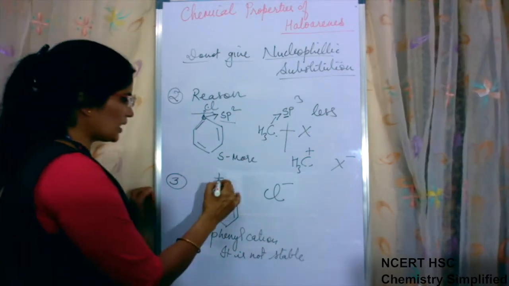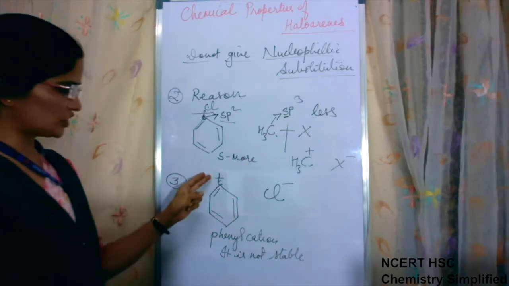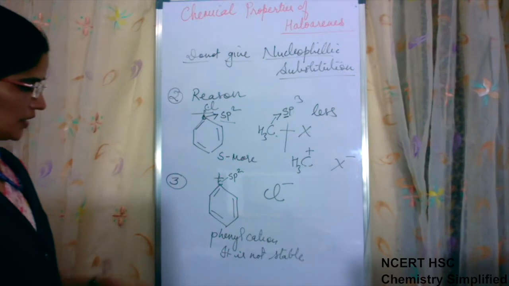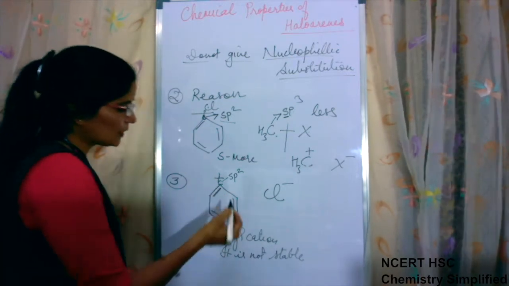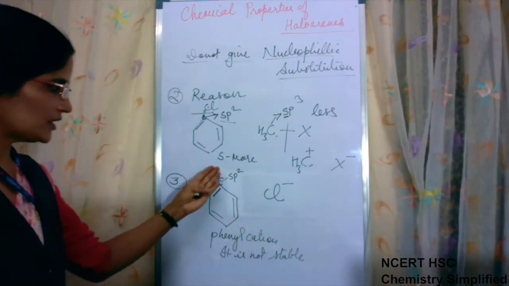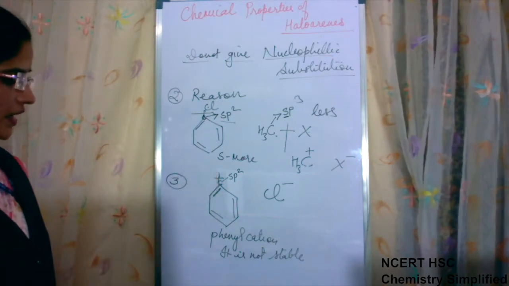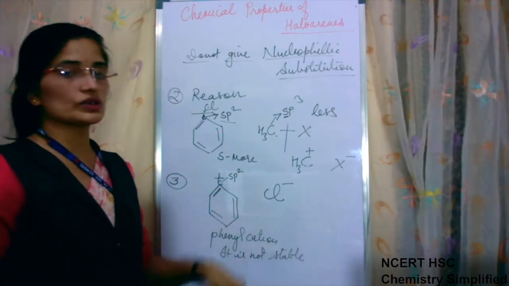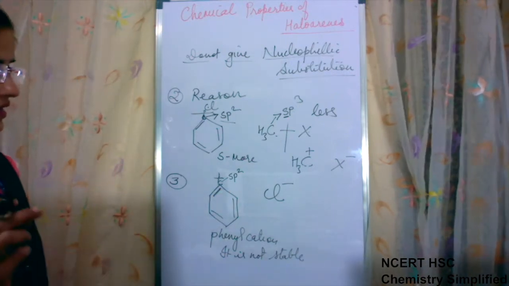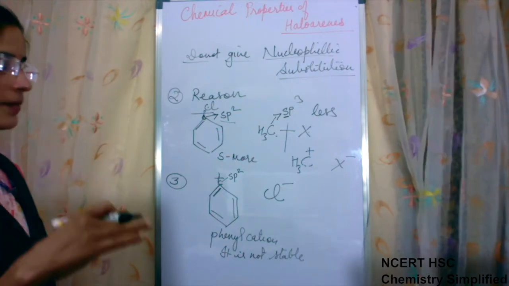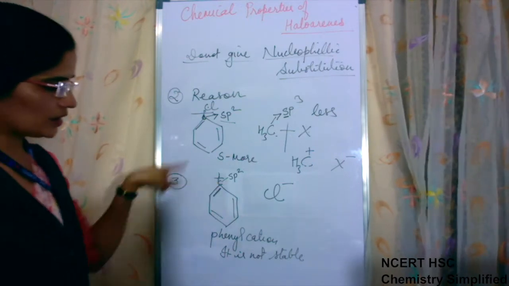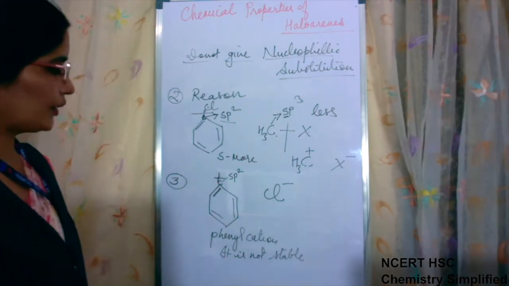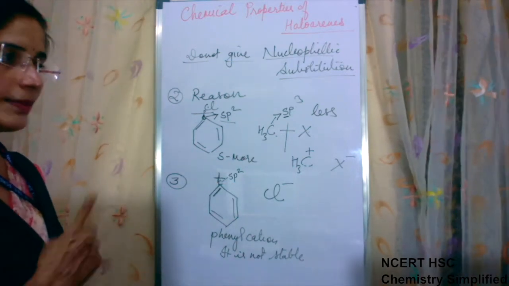Because the carbon atom which is acquiring the positive charge here is sp2 hybridized, and pi bonds require pi orbitals to overlap, and here there is no pi orbital with this. Hence they cannot overlap. When they cannot overlap, they cannot undergo resonance. For undergoing resonance, we require pi orbitals or pi electrons to move around the complete ring, and in this case this carbocation is not in a pi orbital. This is formed in the sp2 hybridized orbital.